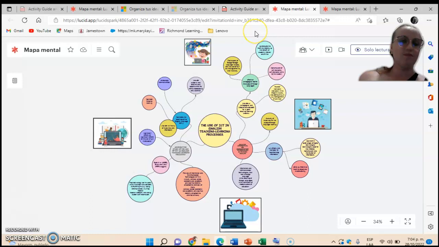The teaching process today is more pedagogical through the use of technology.